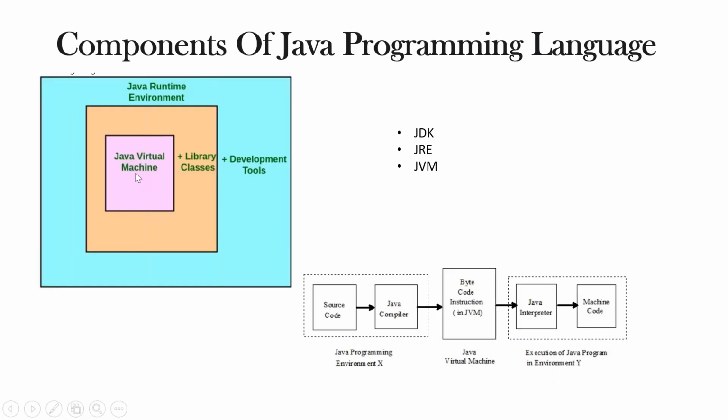So now JVM is there. JVM plus some additional libraries is my JRE. So we are going from bottom to top. JVM plus some supporting classes is the JRE. What does this JRE do? You are not a developer.